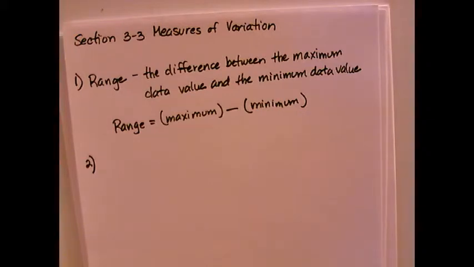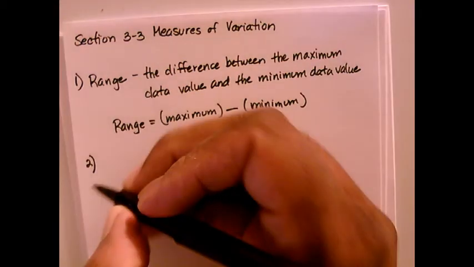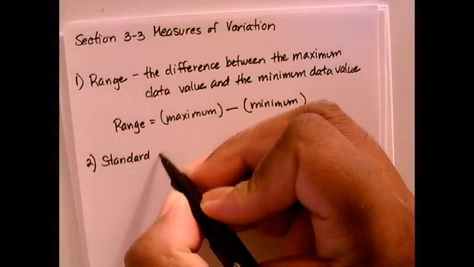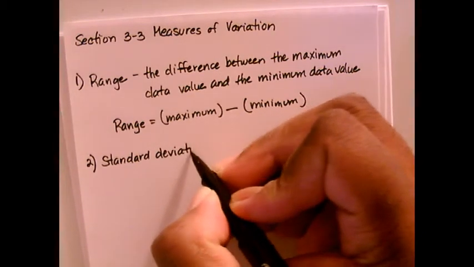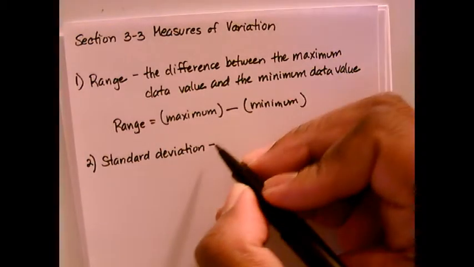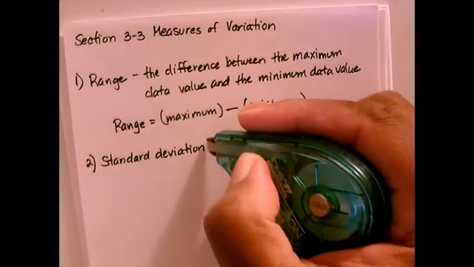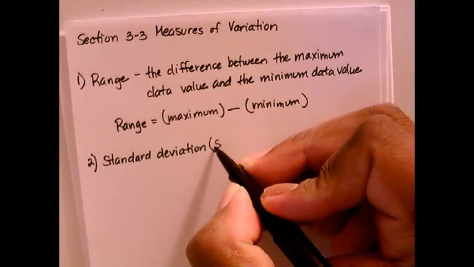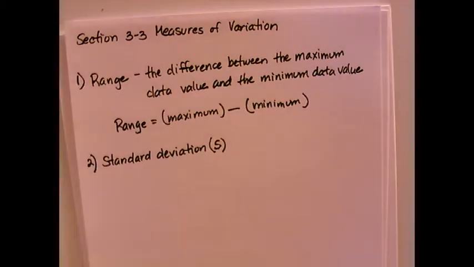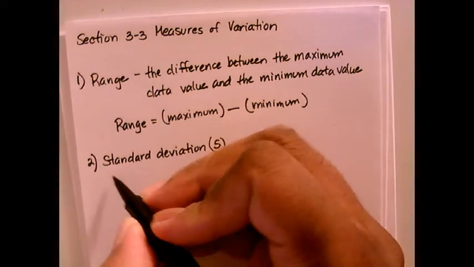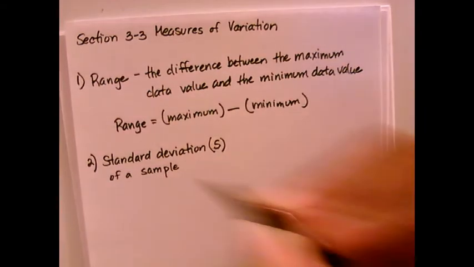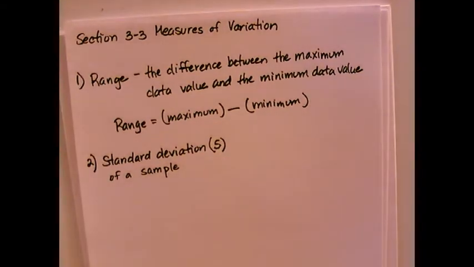The second one is the standard deviation of a set of data. The standard deviation is denoted by a lowercase s, and by the way, that represents a sample standard deviation, the standard deviation of a sample. That's the notation for a sample standard deviation.